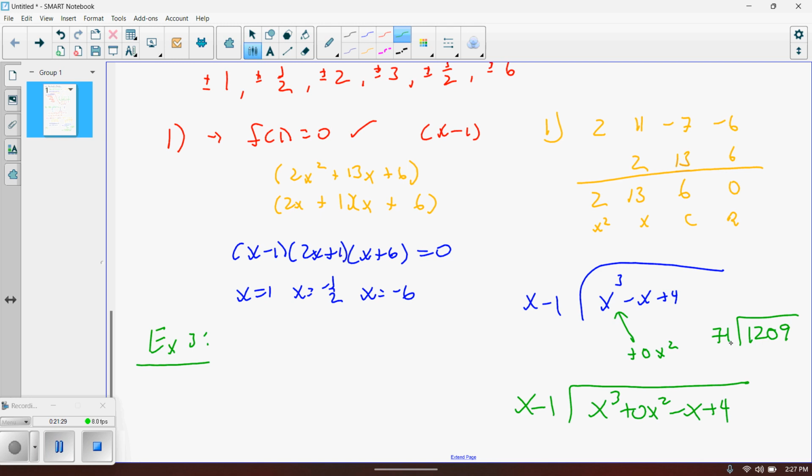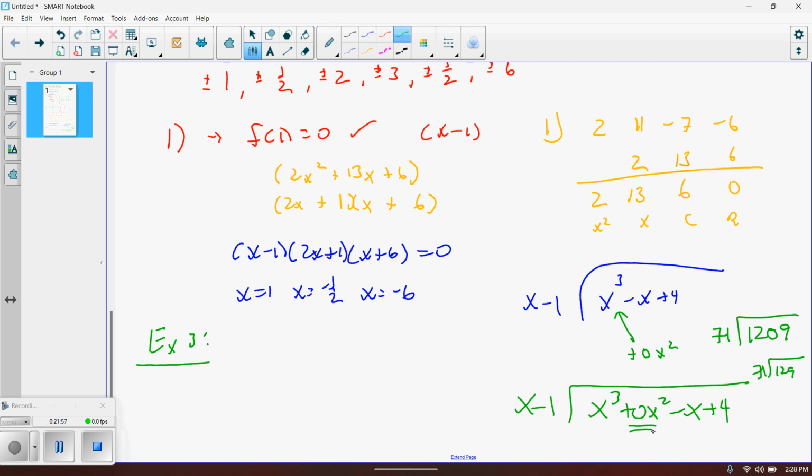You can't just say, oh, I'm going to do 71 divided by 129. That doesn't work. You're leaving the 10 spot out. Well, here, if we didn't have this piece, we'd be leaving the x squared spot out. So you need to include that, even though it wasn't written in the original equation, because you don't usually write the 0x squared. That placeholder needs to be there. That goes for whether you do long division or synthetic. You'd have to have that 0 in the place of the x squared for your synthetic division as well.